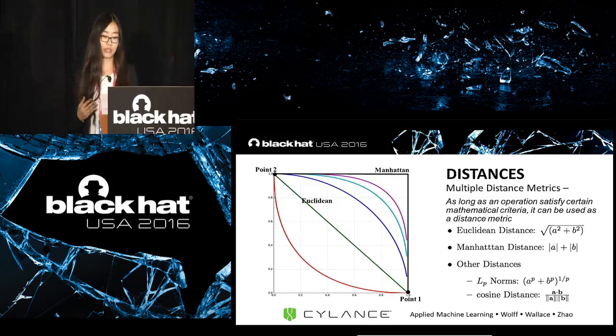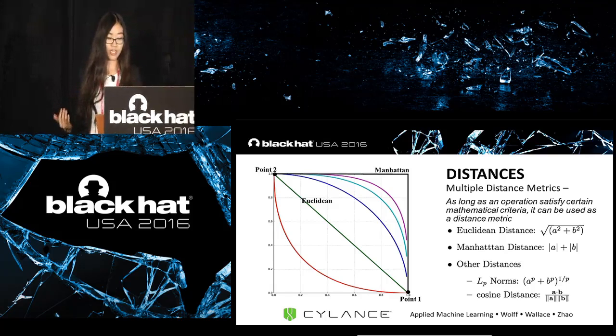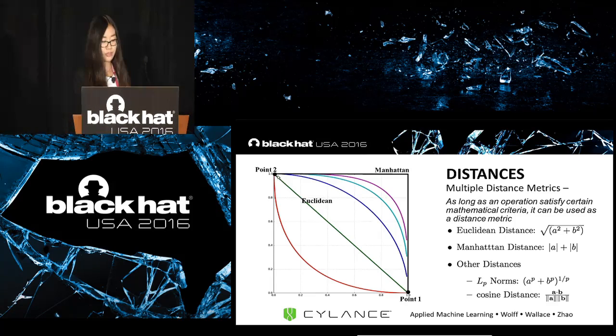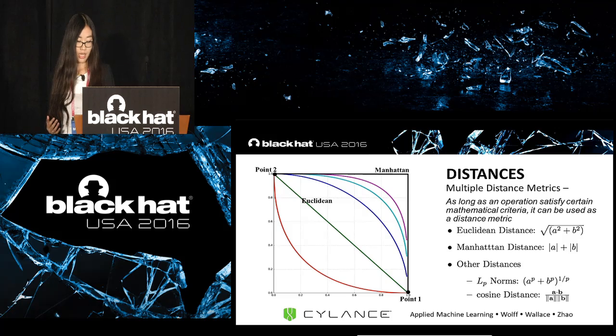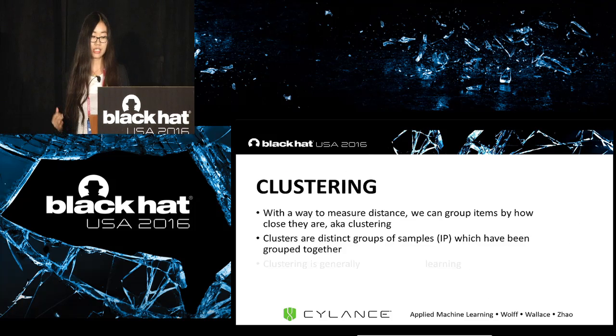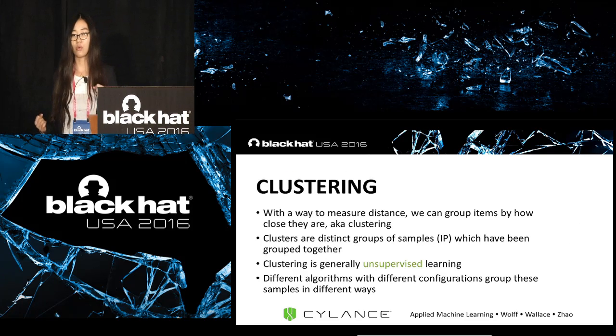For example, we can use Euclidean distance, Manhattan distance, LP norm, or cosine distance, anything that satisfies those criteria. In this picture, all the lengths of these lines can serve as the distance between 2 points. Different distance measurements are good for different problems or situations. If we have chosen a distance measurement, we can know whether 2 points are close to each other or far away from each other.